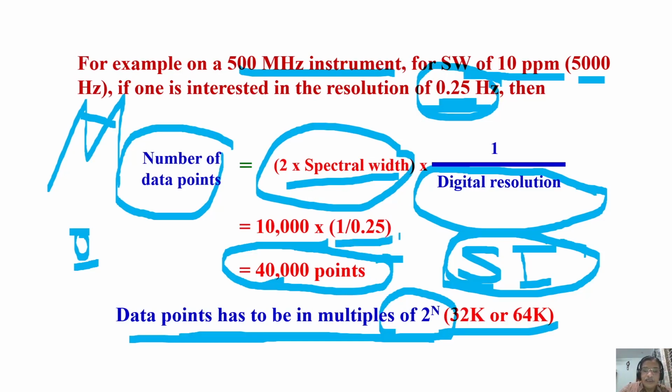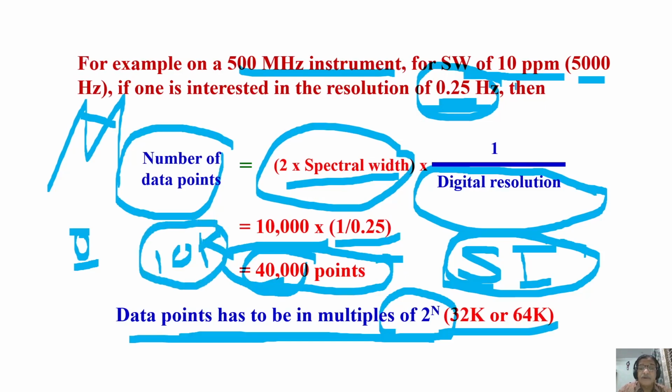Supposing instead of 0.25, I need a minimum of 40K data points, and let us say I take only 10K points. If I collect a signal with a memory size of only 10K, then you will not get that much resolution.